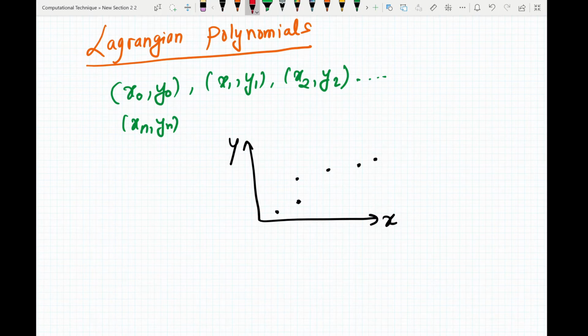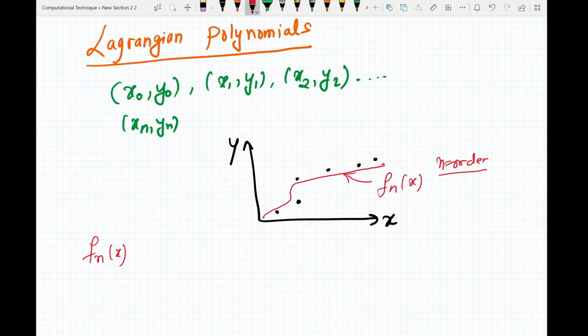Now if you want a curve that can approximate these values with a polynomial, let's define this polynomial as fn of x, where n is the order of the polynomial. Then your fn of x, this interpolation function, is given by the summation of certain weight functions times their functional values.